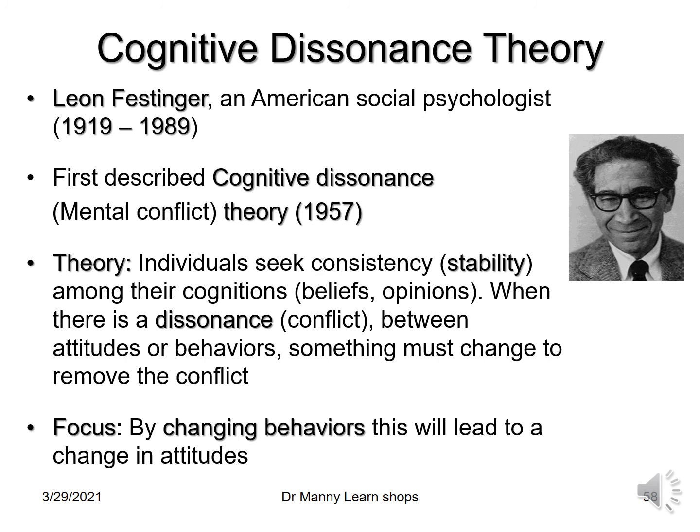They want stability in relation to the way they think or their beliefs. And when there's conflict or confusion between their attitudes or behaviours, something has to change to remove that conflict. And his focus was on changing behaviours will lead to a change in attitudes.